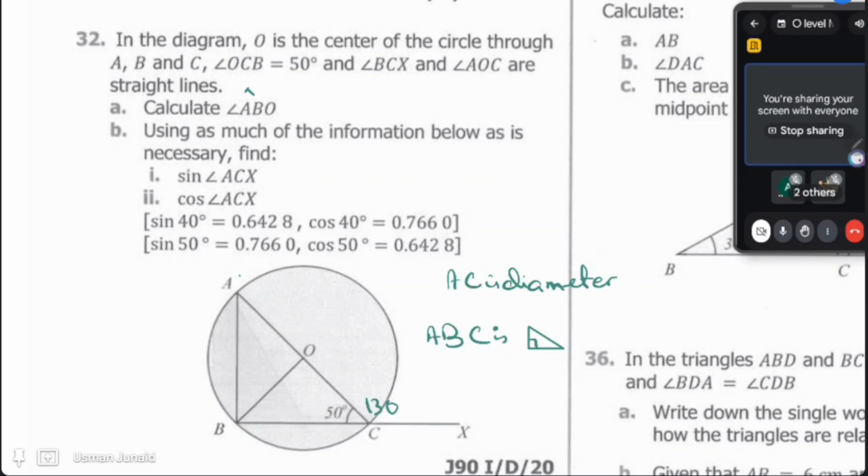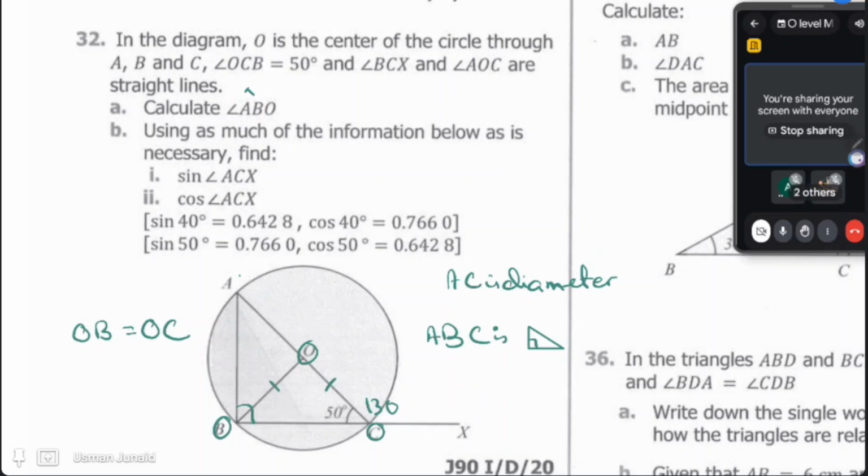Okay, sorry. My bad. Since this is 90 degrees, yes? ये तो पक्का है, right? This we know. OB is equal to OC. Why? Because these both are radius.